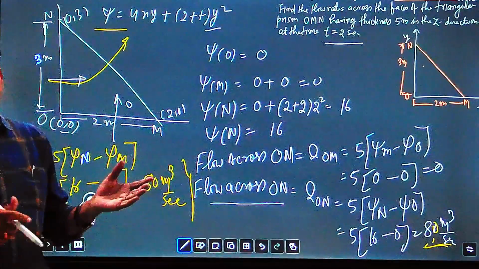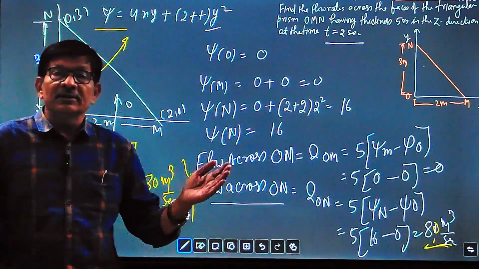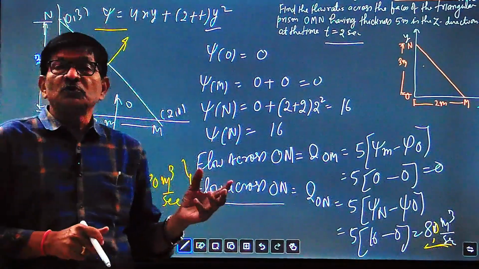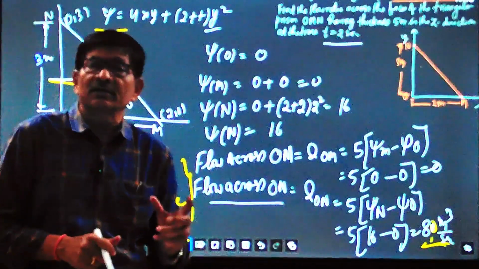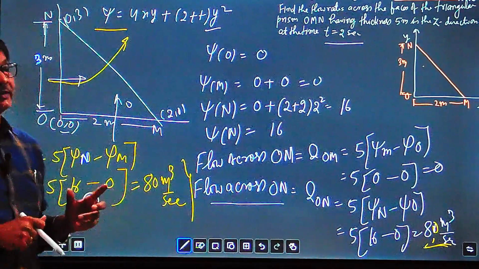That's why the stream function and velocity potential cut at 90 degrees. These are very useful concepts on how the stream function is related to the velocity potential. So we will discuss that in the next lecture.